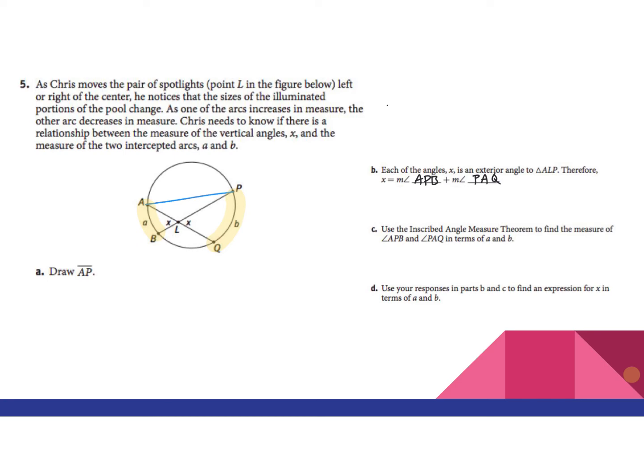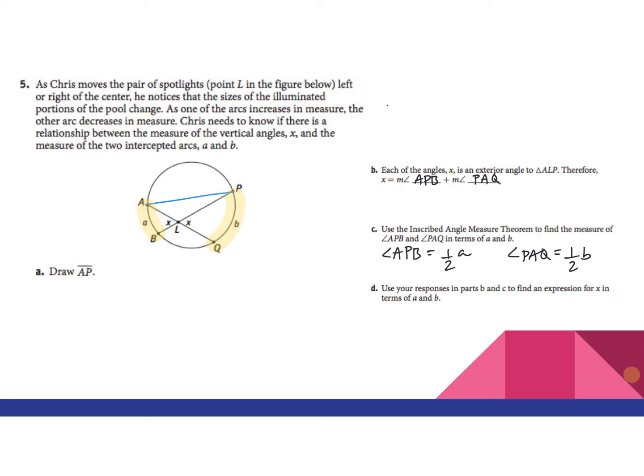So what we're going to see is the measure of angle APB is going to be equal to half the measure of arc A. Measure of angle PAQ is going to be equal to half the measure of arc B.